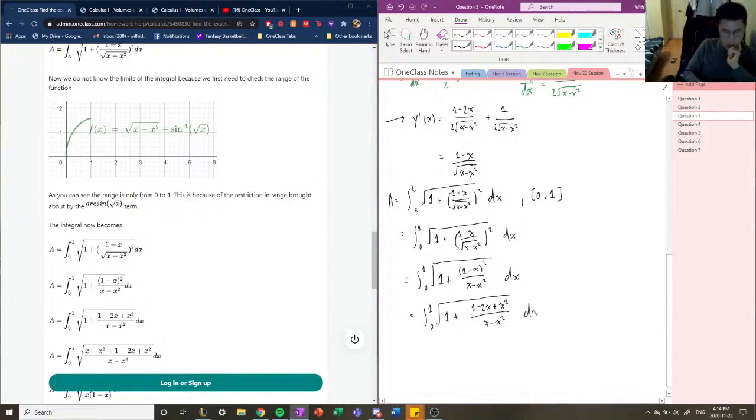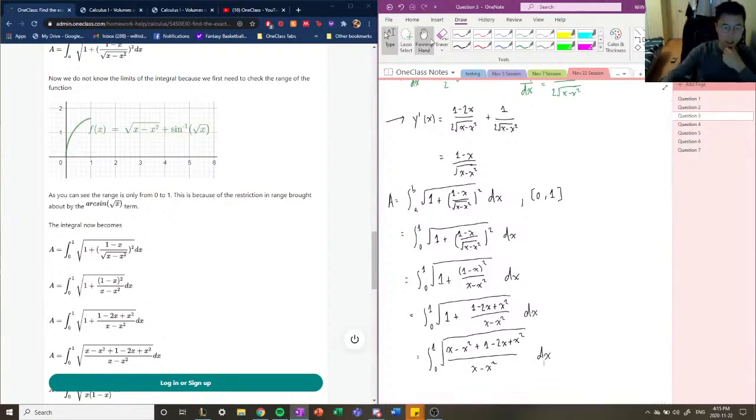Okay? We're going to include this 1 in here, so we're going to multiply this 1 by x minus x squared, and we're going to add it into our fraction here. So we get x minus x squared plus 1 minus 2x plus x squared over x minus x squared, okay? That's all rooted together.